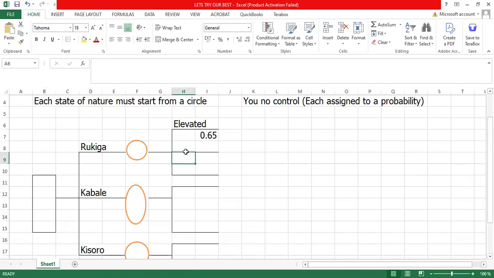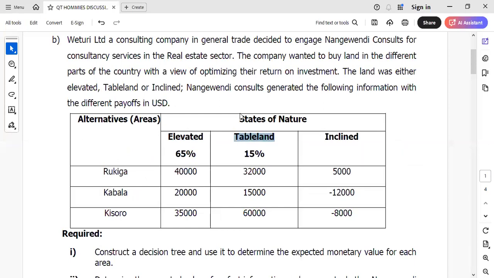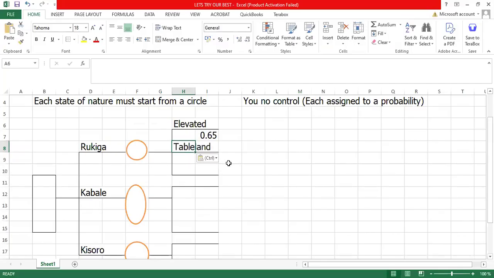The next state of nature is tableland, and the corresponding probability is 0.15.